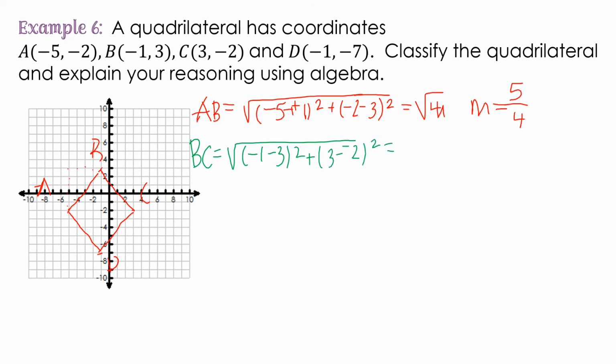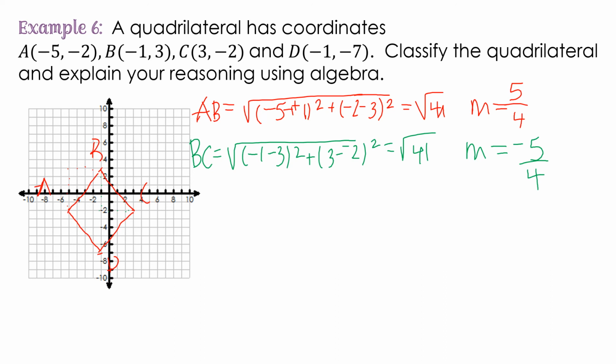That's going to be -4 squared, which is 16, plus 5 squared, which is 25. So 16, 25, again, 41. For the slope, down 1, 2, 3, 4, 5. Right 1, 2, 3, 4. Down 5 over 4.